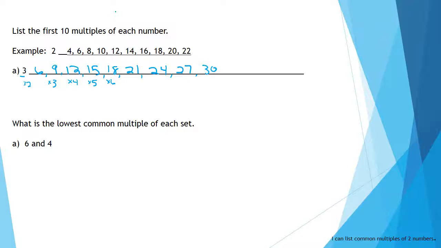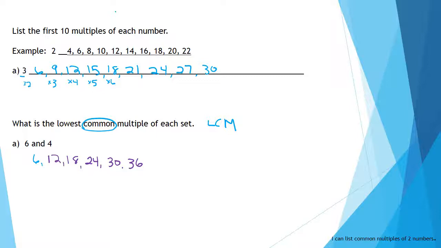Another question you might get asked is, what is the lowest common multiple of each set, or the LCM? Common means in both lists. So I list some multiples for 6: 12, 18, 24, 30, 36.